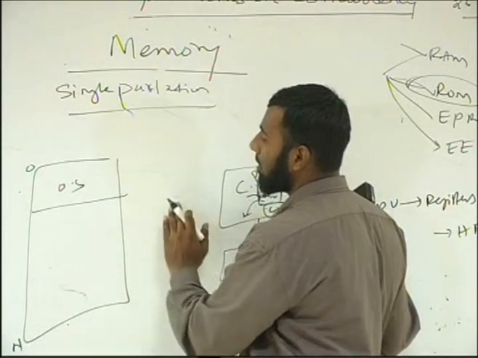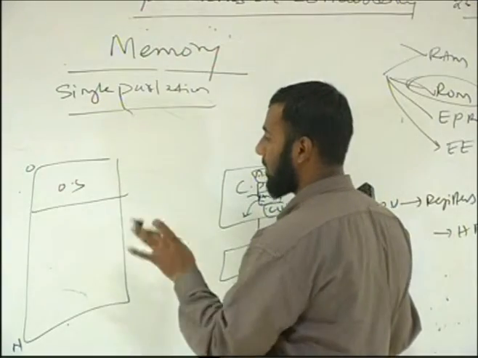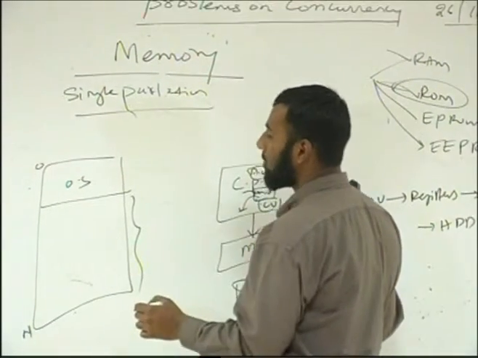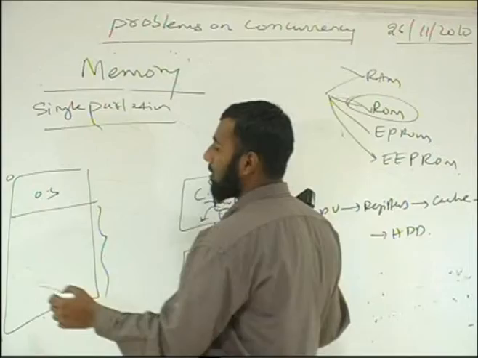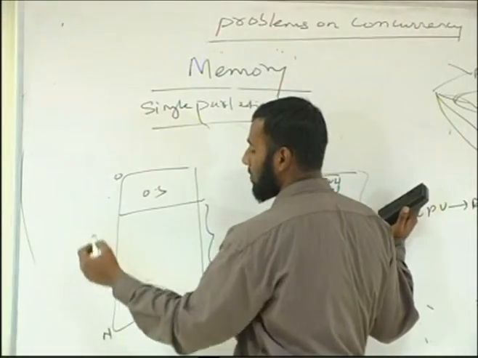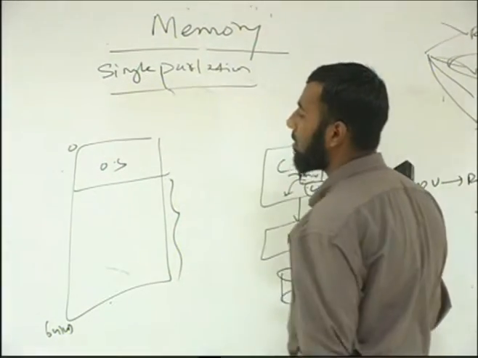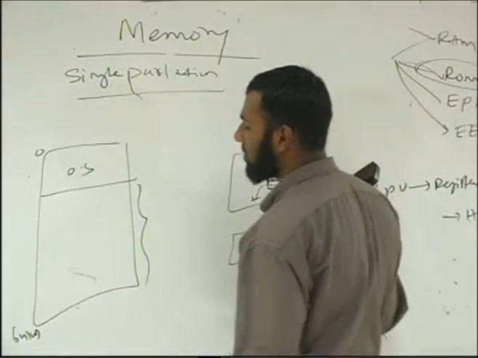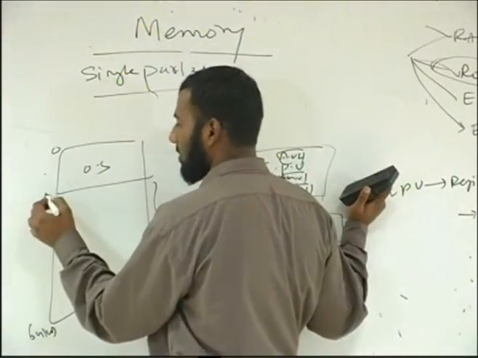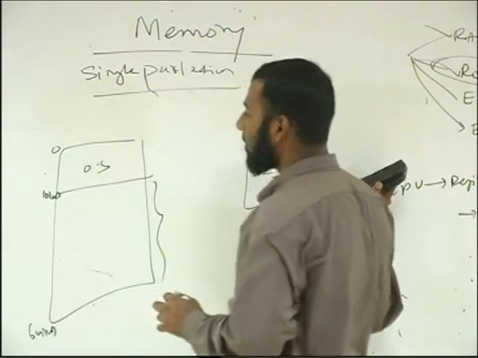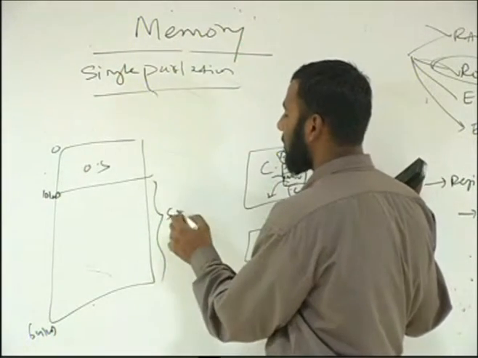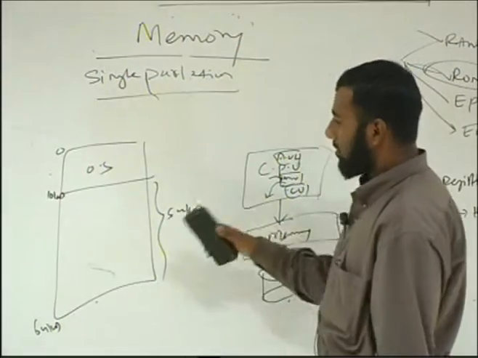In one partition only the operating system resides, which is of course needed, and the remaining memory will be used for a job or a process. Now assume that the size of this memory is 64 kilobytes, and the space taken by the operating system, we are assuming, is 10 kilobytes. So the remaining will be 54 kilobytes left.